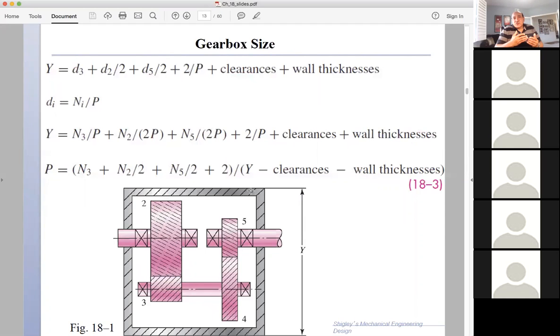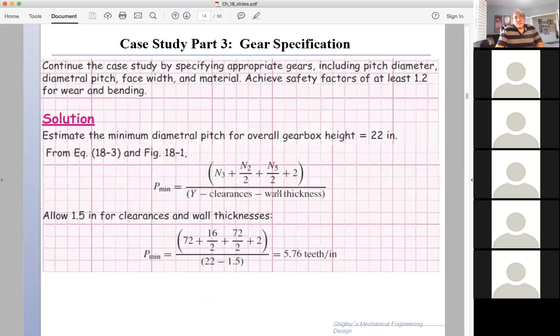So we also have to consider what they call the face width, because the gear has a pitch which determines the height, but also you can have it go deeper or shallower. So you can have a skinny gear or a very beefy gear, and that all depends on how you want to take the forces and the torques on the system.